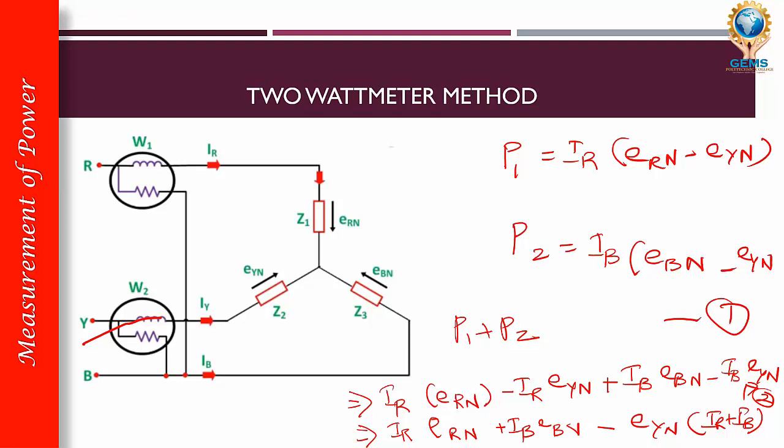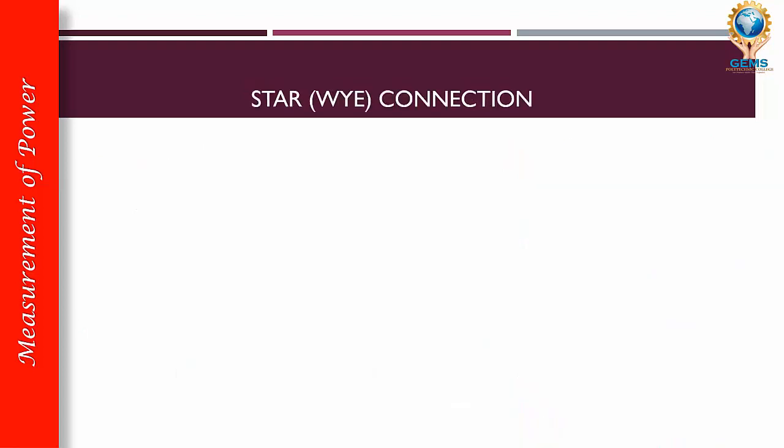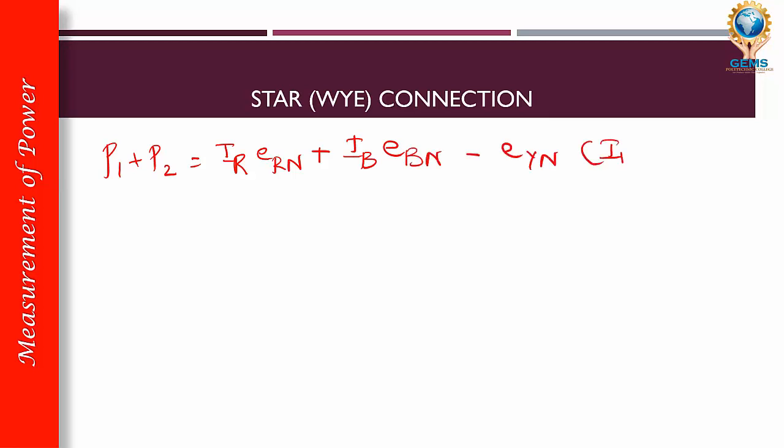IR into ERN plus IB into EBN minus EYN into IR plus IB. So I can write P1 plus P2 as IR into ERN plus IB into EBN minus EYN into IR plus IB.